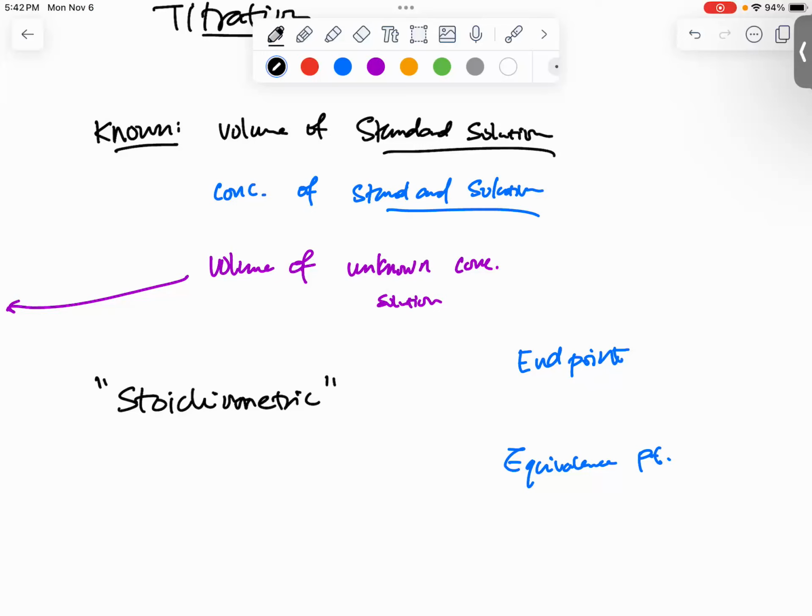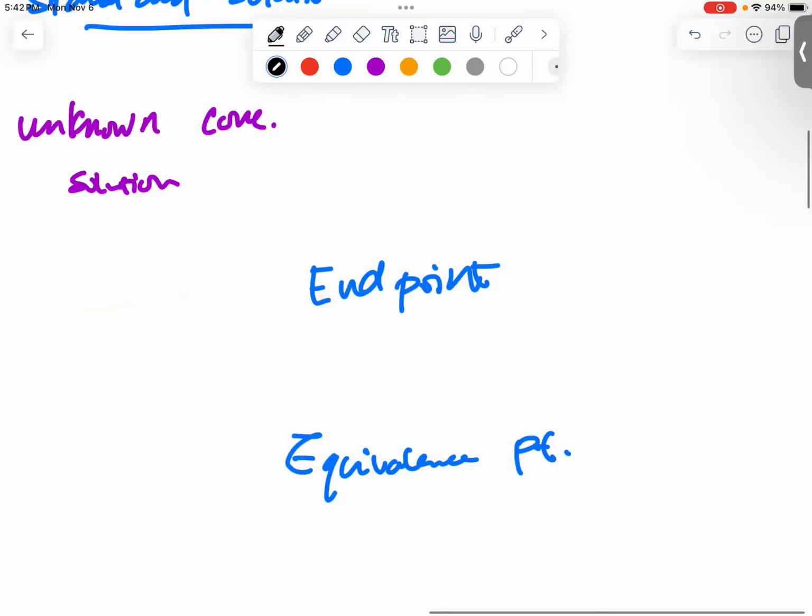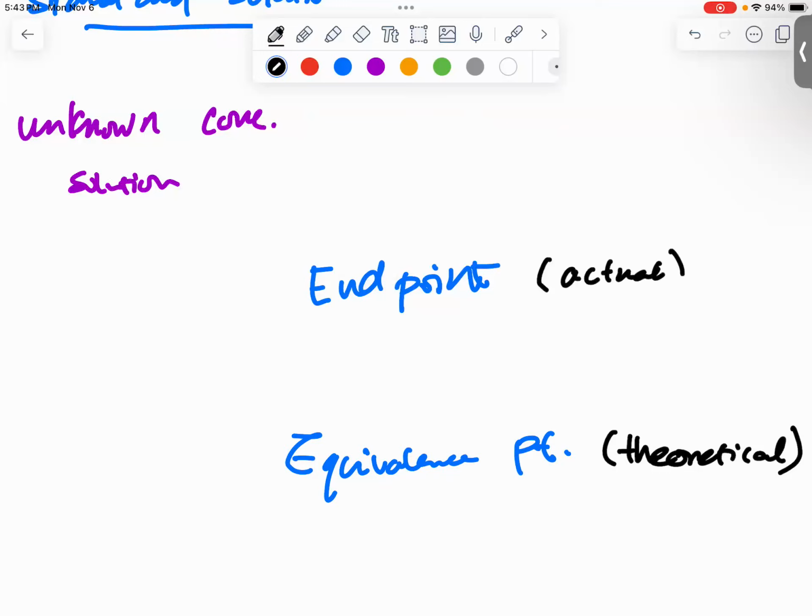Is the equivalence point when you achieve the mole ratio? Yes, the equivalence point is where you achieve the mole ratio on a very theoretical level. The moles are supposed to be stoichiometric, but the endpoint is more of an actual thing.